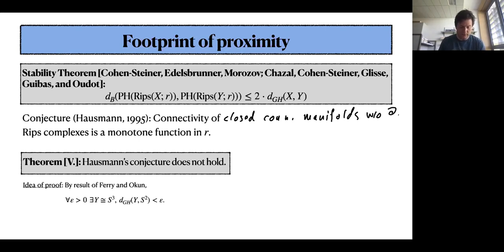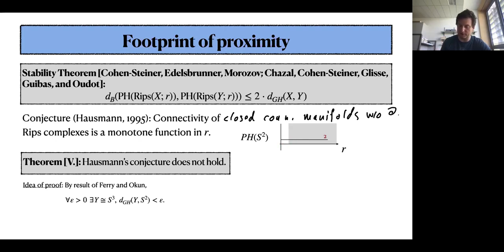So the idea is the following. By results of Ferrier and Okun, you can take a 3-sphere and kind of deform it. So we're talking about Riemannian manifolds, and deform it so that it gets arbitrarily close to a 2-sphere. And then you just use the footprints as before. So 2-dimensional sphere has a persistent homology that looks something like this. It starts just with a 2-dimensional bar.